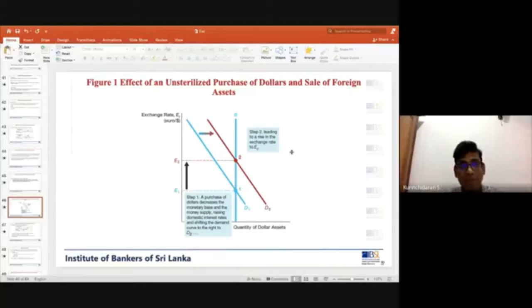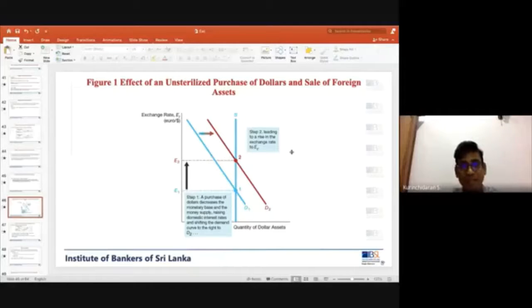In this graph, you can see the effect of an unsterilized purchase of dollars and sale of foreign assets. Step one: a purchase of dollars decreases the monetary base and the money supply, raising domestic interest rates and shifting the demand curve to the right. This explanation is based on the US economy.